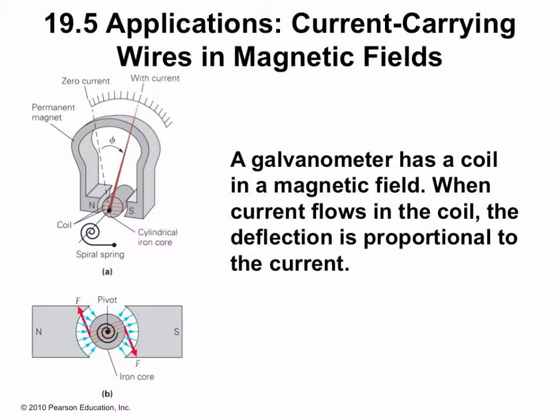So then, a galvanometer has a coil in a magnetic field. When current flows through the coil, the deflection is proportional to the current. So what happens is when we use these devices, and if you look in your chapter 18 homework from last night, the galvanometer is actually used, or could be used, to make a voltmeter and an ammeter.